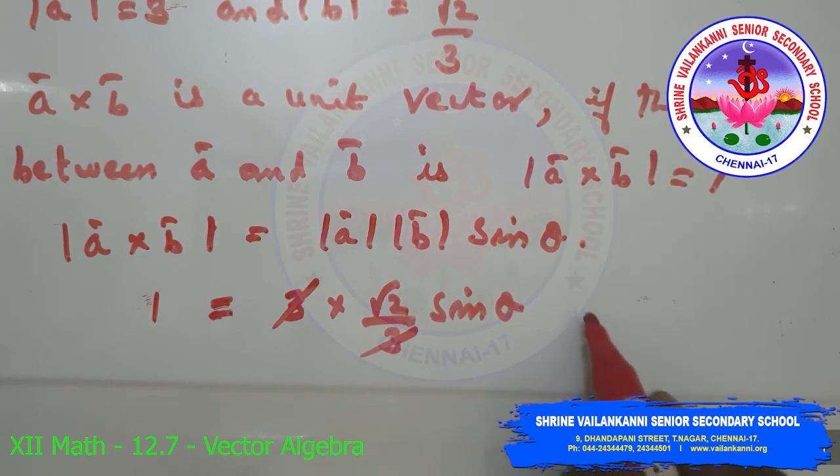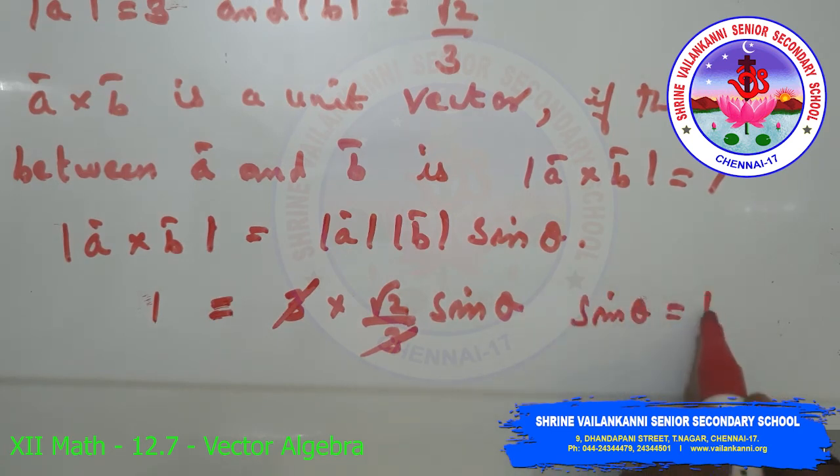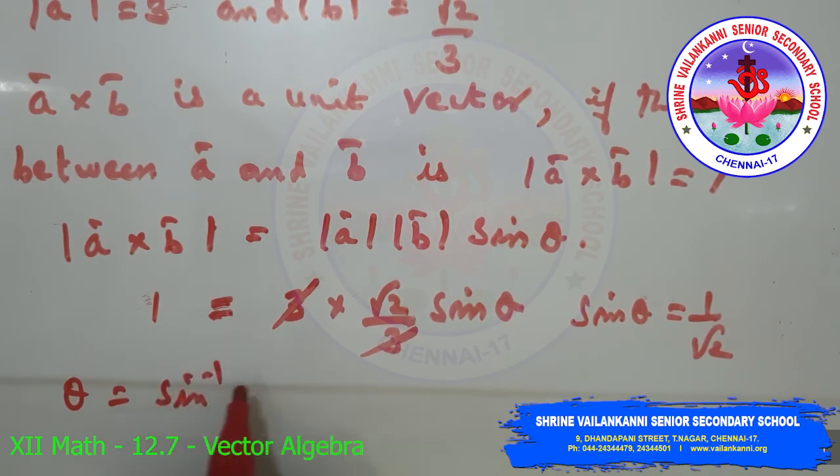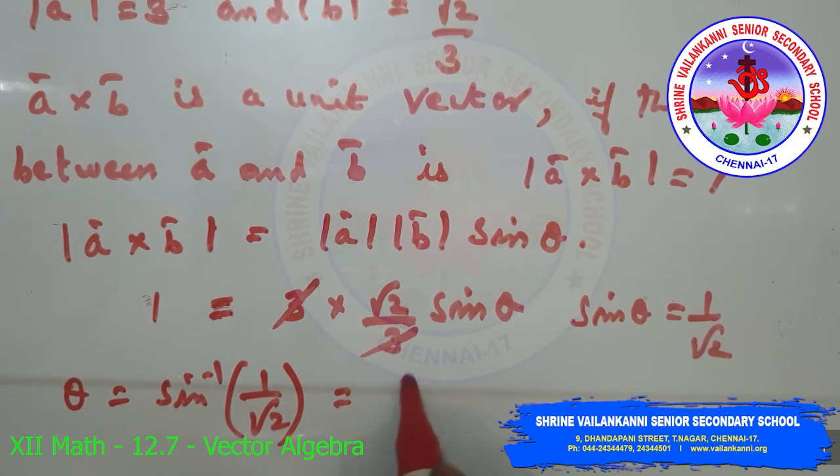So sine theta equal to 1 by root 2. Theta equal to sine inverse of 1 by root 2, which is 45 degrees. So theta is pi by 4. Hence the correct answer is B, theta equal to pi by 4.